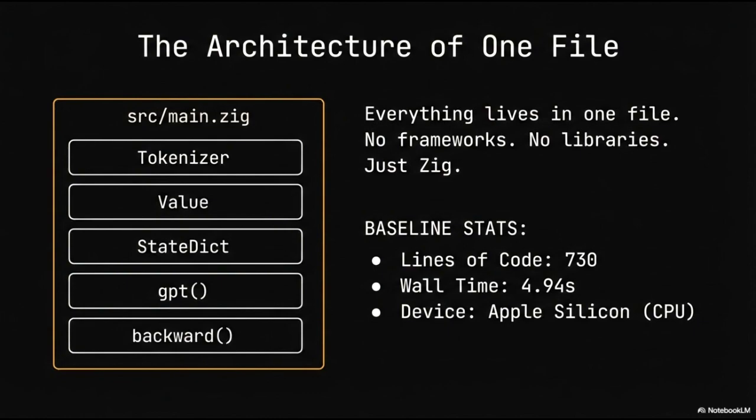This streamlined approach results in a highly compact codebase of only 730 lines. Despite its minimalism, the system achieves a wall time of 4.94 seconds on an Apple Silicon CPU, establishing a high-performance baseline that is both transparent and easy to audit.